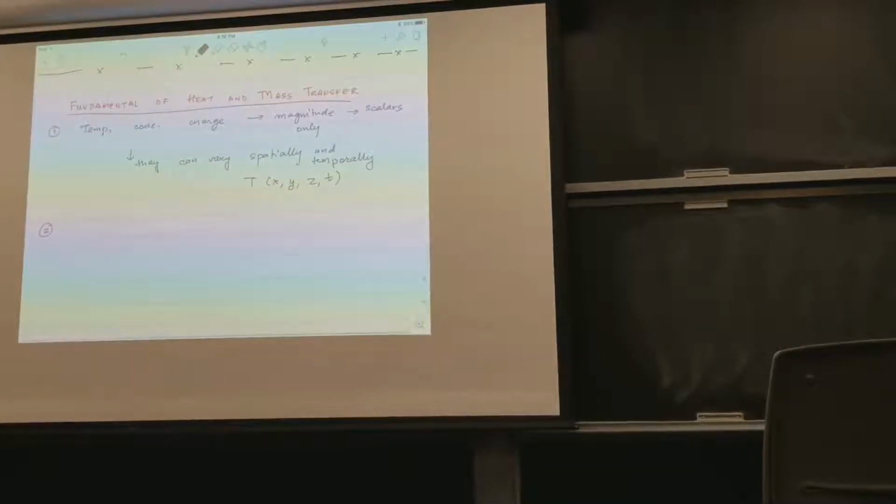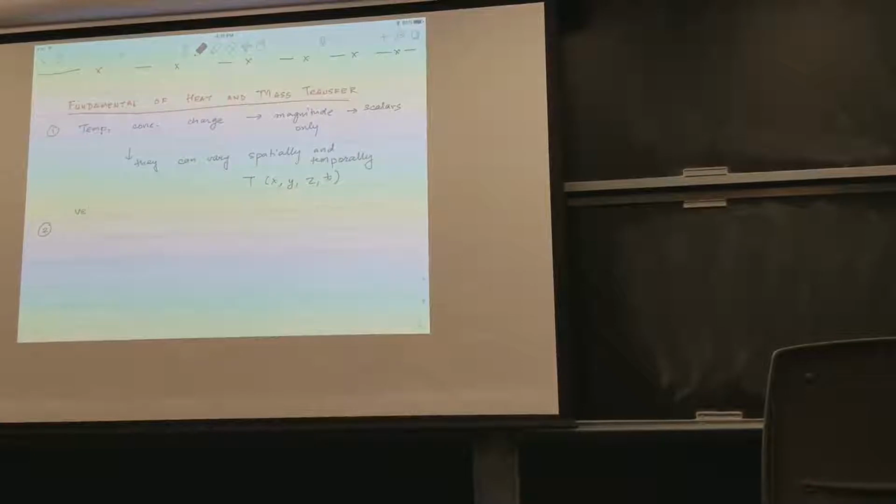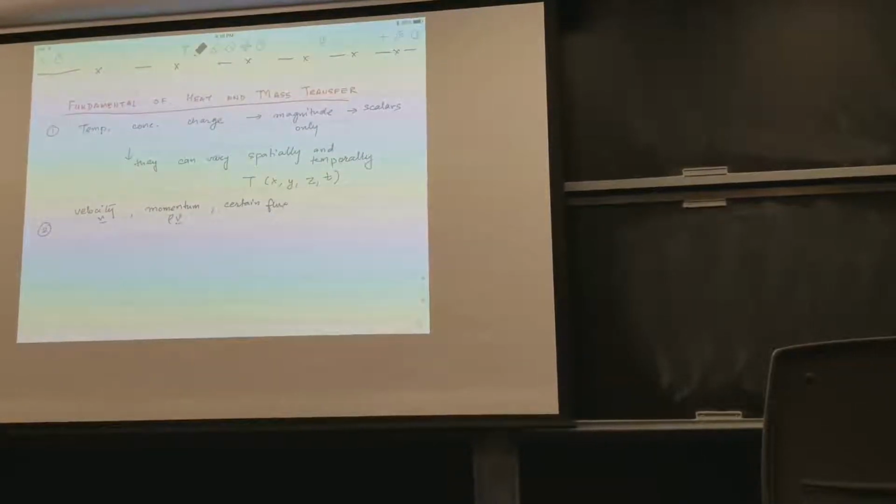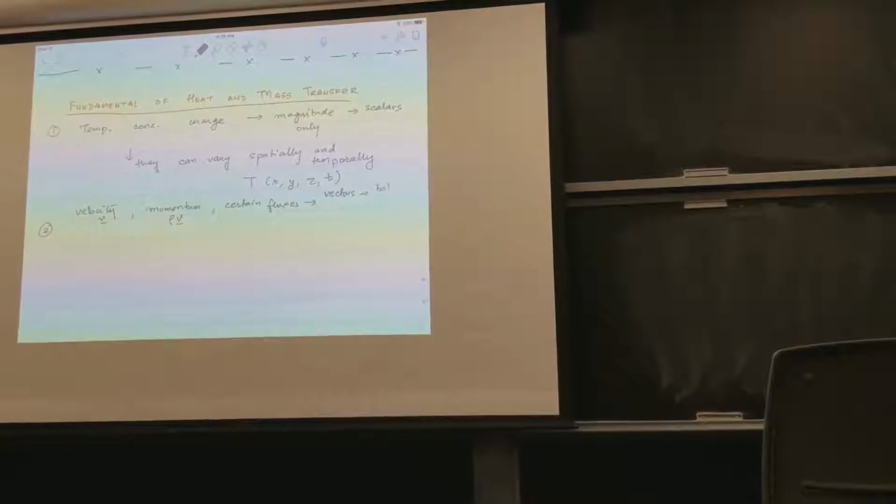Then if I think about quantities like velocity, v, momentum per unit volume, rho v, sum of the fluxes, they are all vectors, and you need both magnitude and direction.